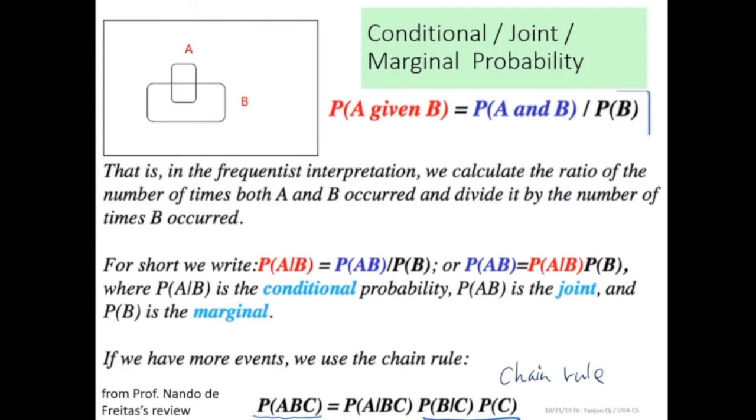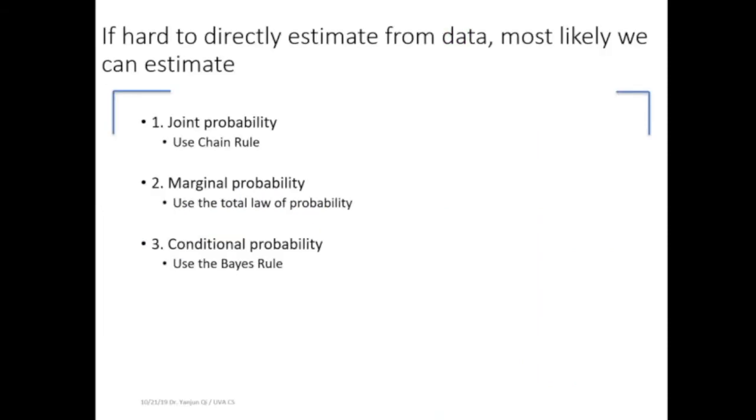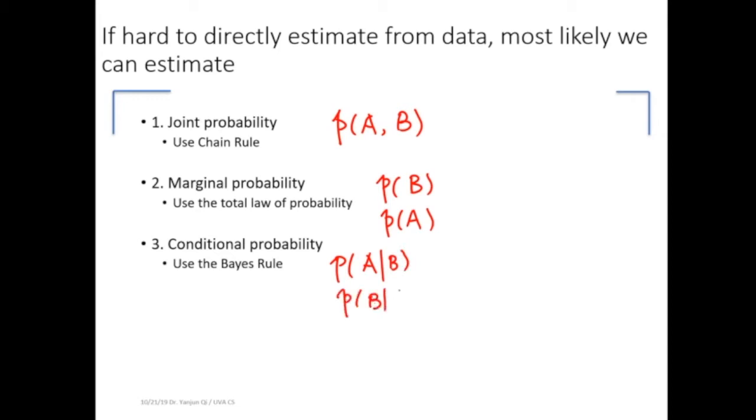This page is not precisely clear, but joint probability is like: I want to estimate P(A and B). Marginal probability is: I want to estimate P(A) or P(B). And conditional probability is: I want to estimate either A given B or B given A.